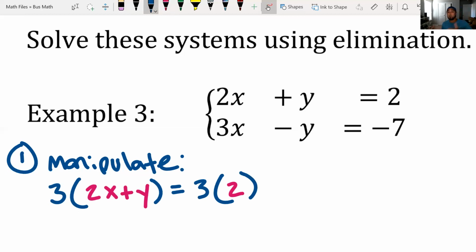So you see we're multiplying both sides of that equation by 3. Okay, and now in order to change this 3 into a 6, I have to multiply it by 2. But remember, one of them has to become negative. So this means I'm going to multiply the second equation by -2.